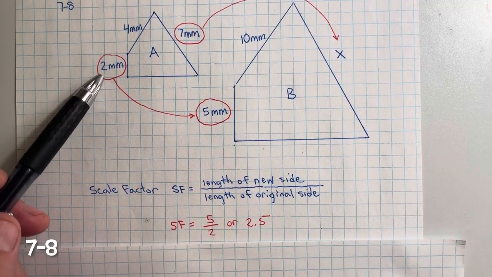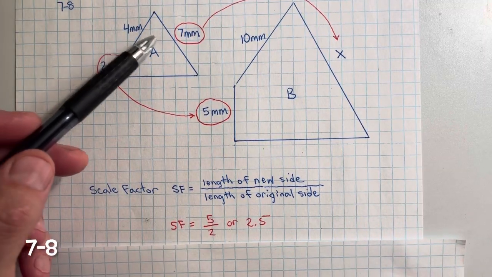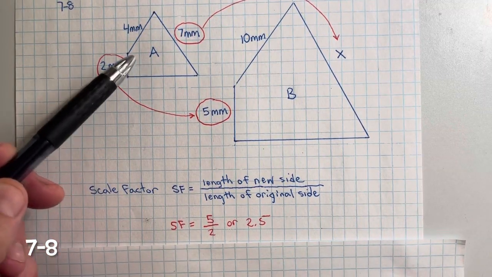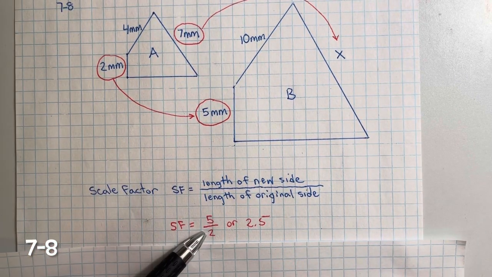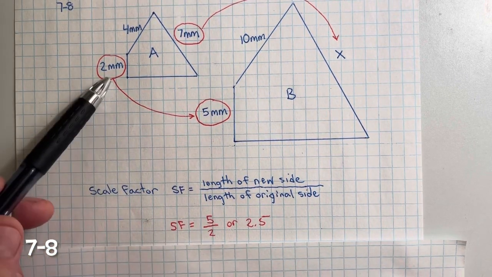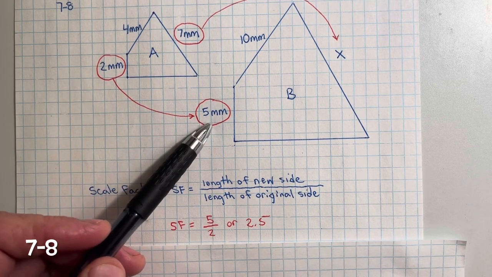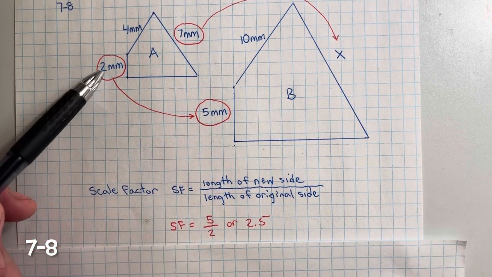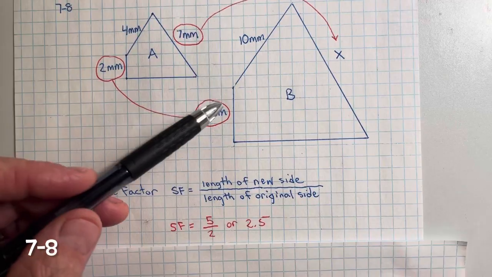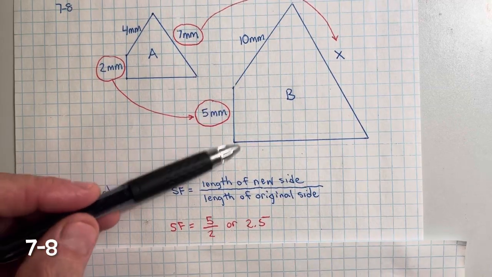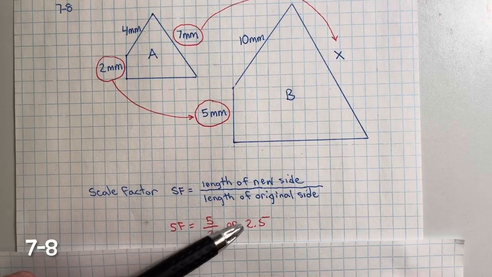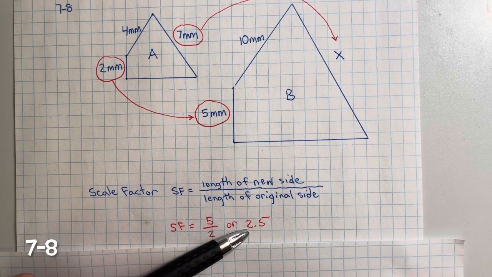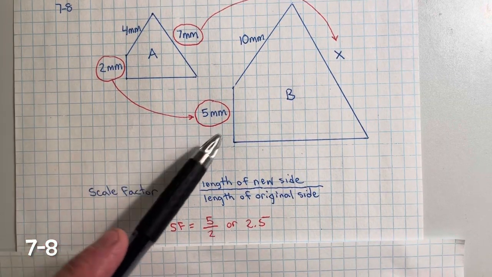Now, one thing to pay attention to is that I went from a small figure to a large figure. So you know your scale factor has to be greater than 1 because it's increasing in size. If the scale factor was 1, 2 multiplied by 1 is just 2, and it would be the same size or the same length. If the scale factor is less than 1 but greater than 0, it's going to decrease in size.